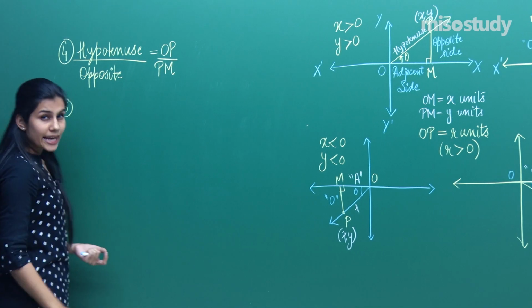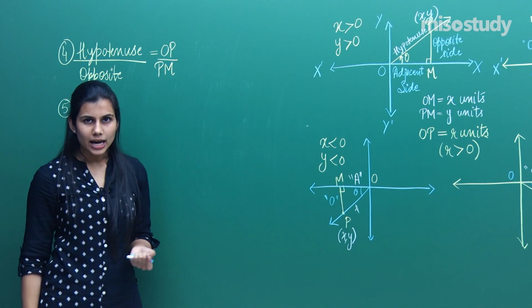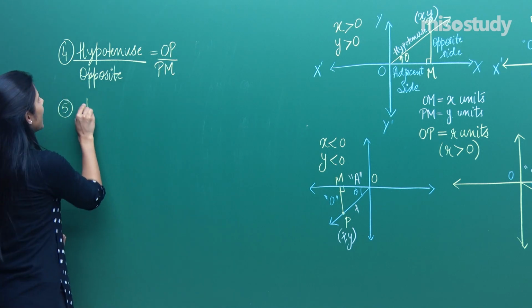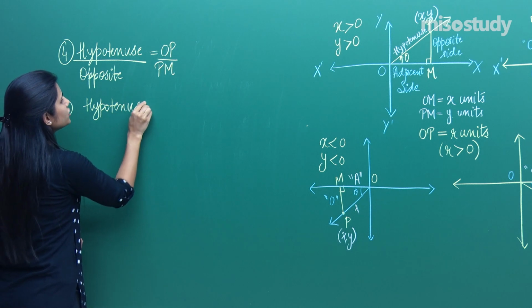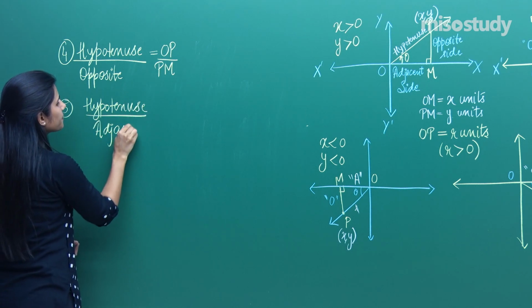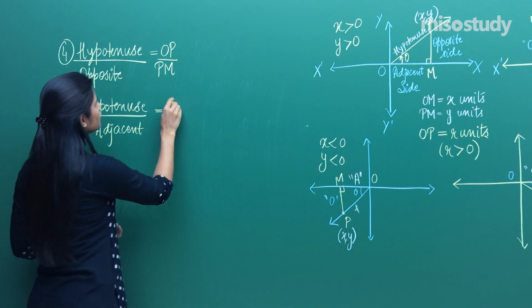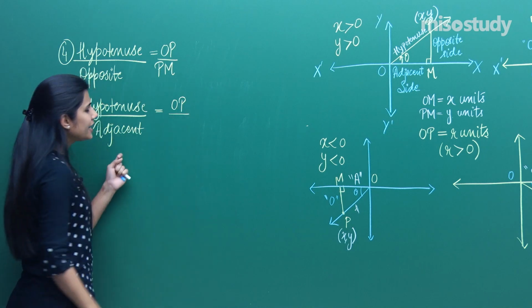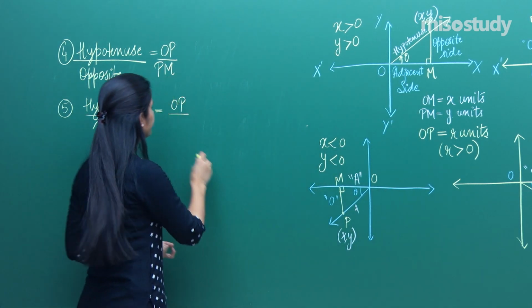Similarly, the second ratio that we had formed was of the adjacent with the hypotenuse, and so now I can form another ratio which is the hypotenuse with the adjacent side. What does that happen to be? The hypotenuse remains the same, OP, and the adjacent side happens to be OM.